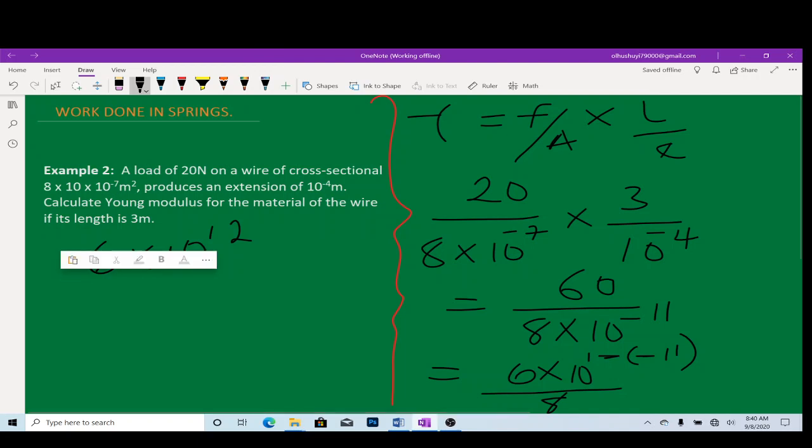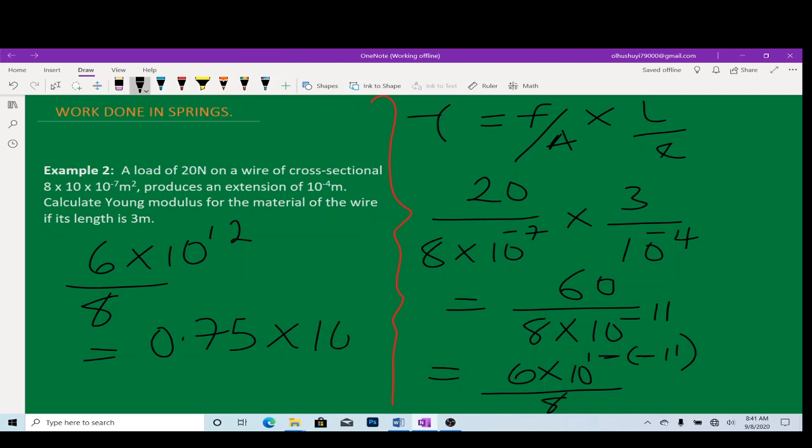Now divided by 8. Just divide: 6 divided by 8 is what? That will give you 0.75. So that becomes 0.75 times 10 raised to the power 12.